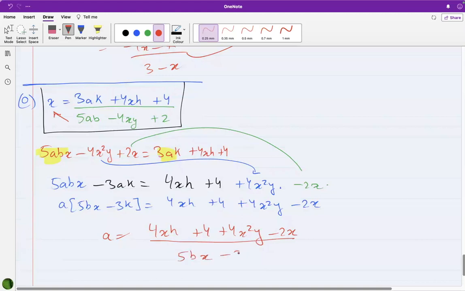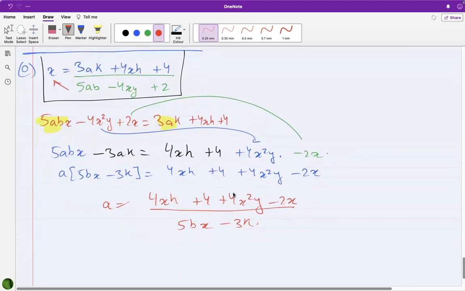My final answer, wait, that's the answer for exchange. Eight plus 4 plus 3.